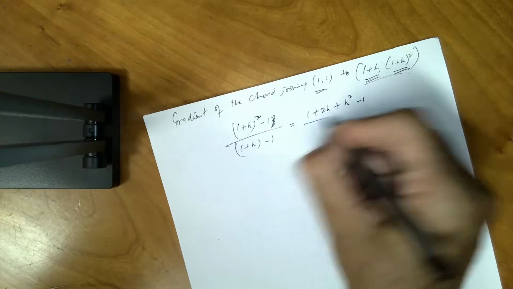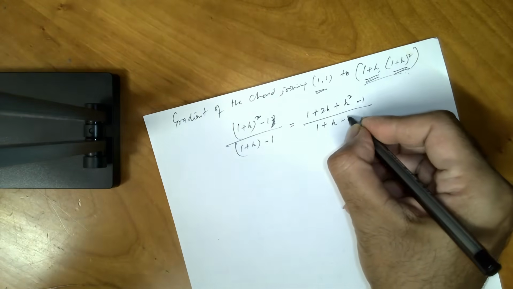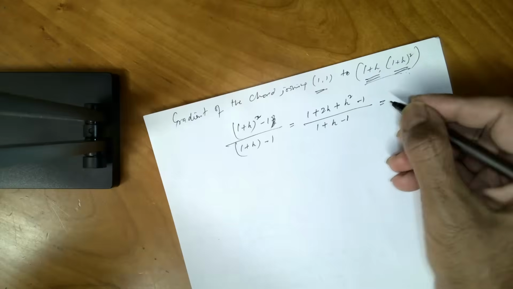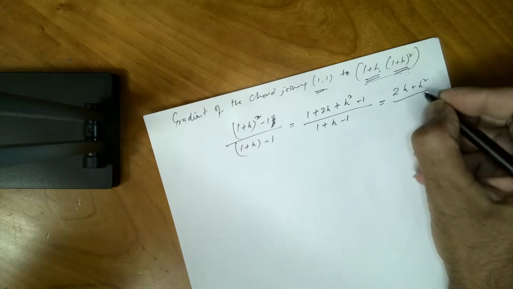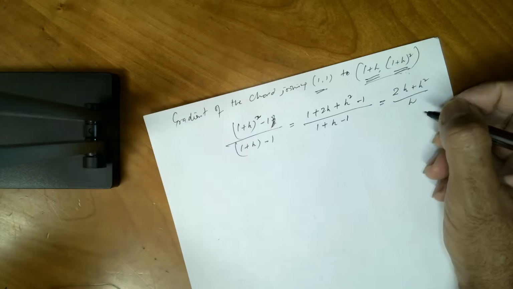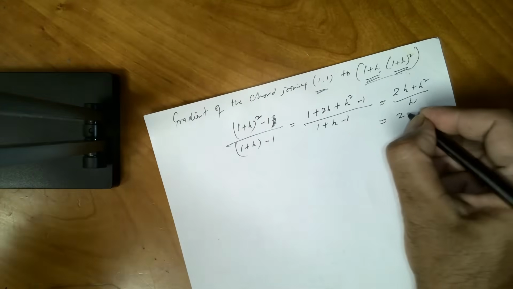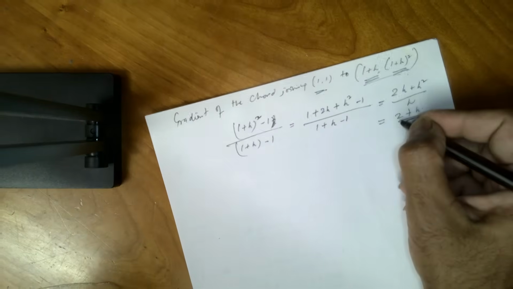In here you have 1 plus h minus 1. So calculate this and condense that. That will give us 2h plus h square by h, and then further down that will give us 2 plus h. Okay, so you see 2 plus h.